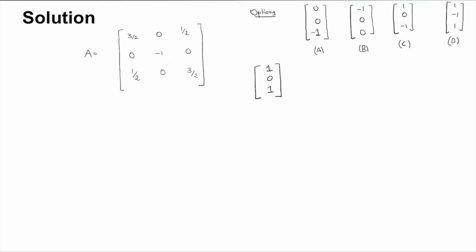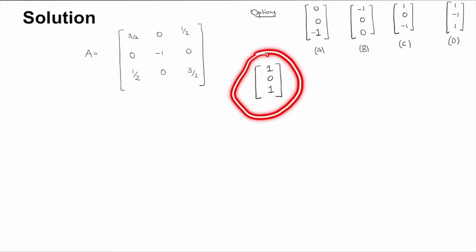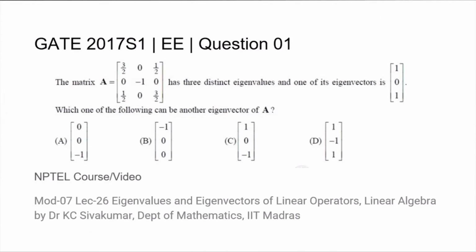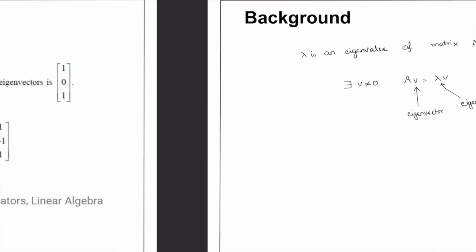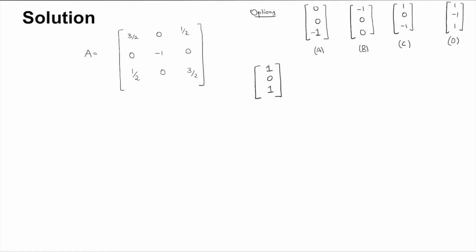And the clue given for this problem is that (1, 0, 1) is an eigenvector of A. One of its eigenvectors is (1, 0, 1). So they are hinting at us to look at the first and third columns. What do we do with eigenvectors? We multiply. So this is V1. What would happen if you were to multiply A with V1?